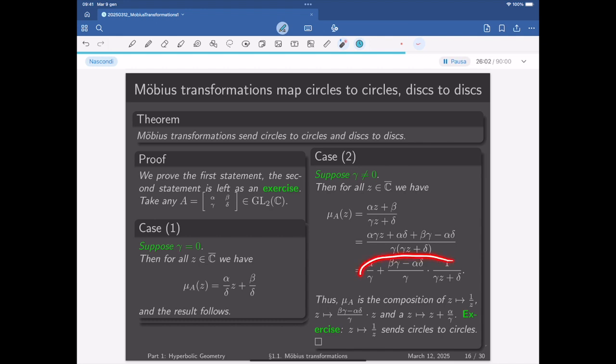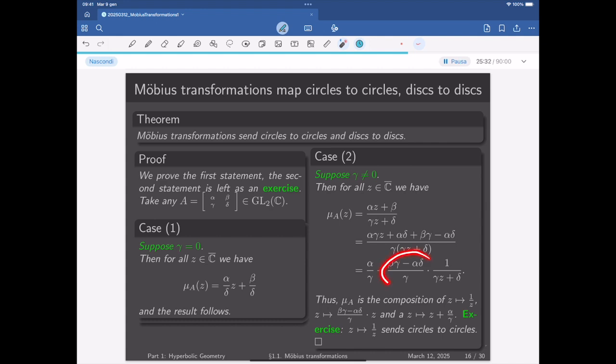This formula, the Möbius transformation, tells me that zeta goes to this. The first thing you do to zeta is multiply it by gamma, which sends circles to circles. Then you translate by delta, which sends circles to circles. Then you take 1 divided by that, which sends circles to circles. That is left as an exercise.